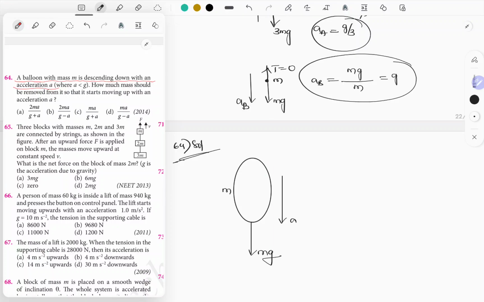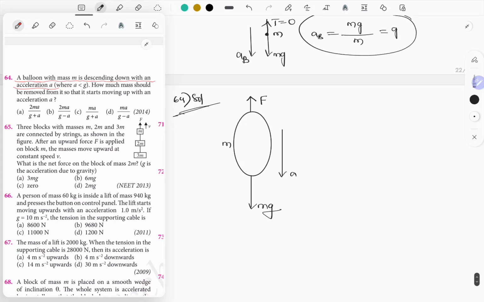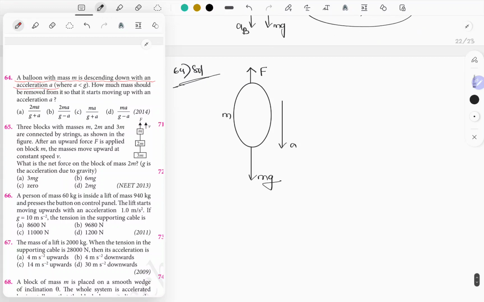Whenever any object is moving in a fluid, definitely there will be an upthrust which acts opposite to its motion. Air is a fluid and the balloon is moving in air. Definitely upthrust will act on that balloon in the opposite direction of its motion. As this balloon is moving downward, definitely mg is greater than upthrust.